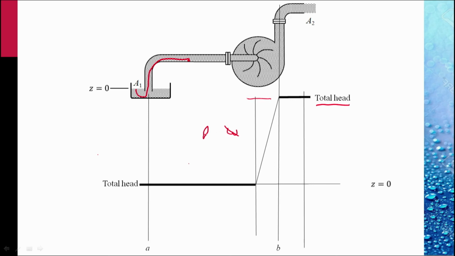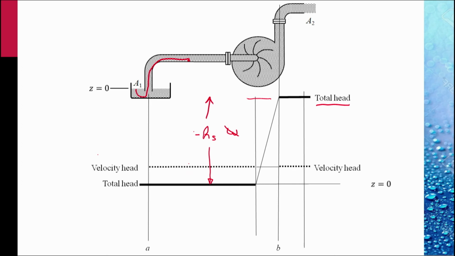This is Hs, the head supplied by the pump. It is actually a negative quantity because this is the work done on the system.